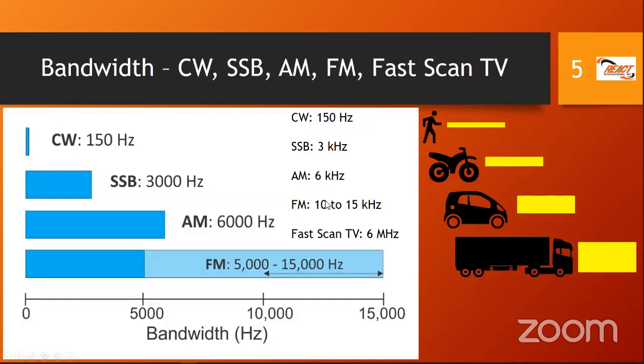However, just wanted to review a slide just to expand on it a little more in respect of the concept of bandwidth. So we did look at the various signals and how much bandwidth they occupy. And we said CW is 150 Hertz of bandwidth or spectrum, SSB 3000 Hertz or 3 kilohertz, and so on.